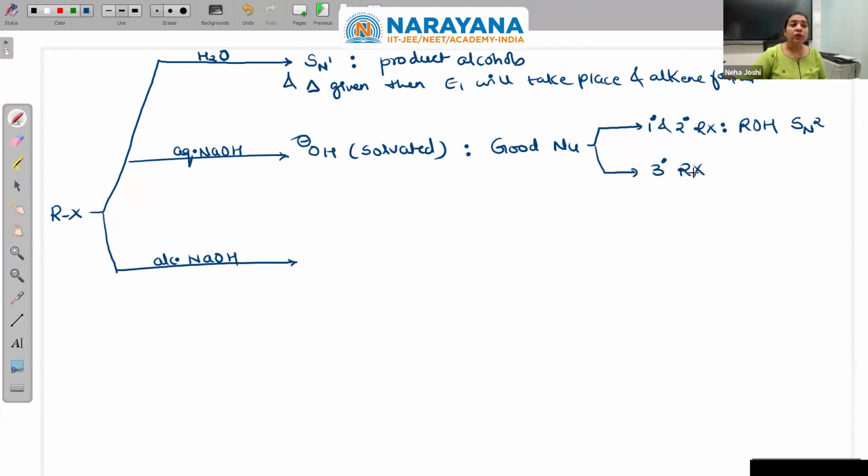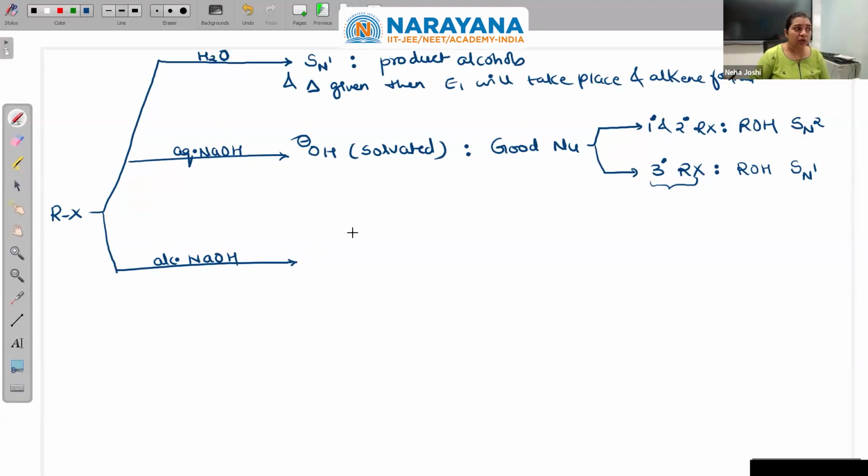Then also OH negative is carrying out substitution, forming alcohols, but the mechanism has been shifted from SN2 to SN1. Yes, here, if they intentionally give heat or something like that, then you may observe, parallelly, alkene by E1 reactions, unimolecular elimination reactions. There is a possibility. Okay, so that is a comparative set.